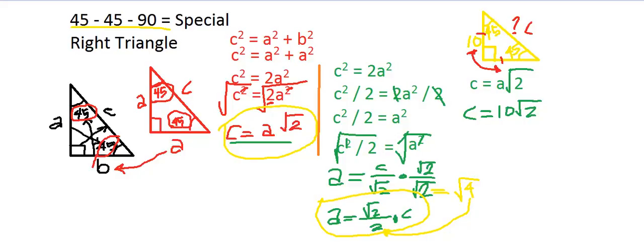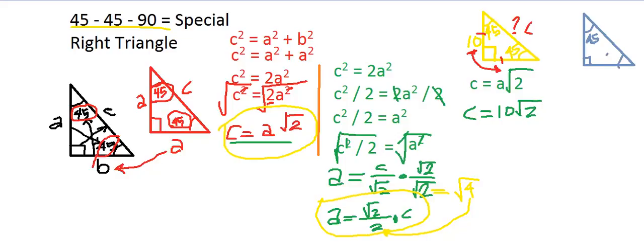So how about if we're going to have another triangle? Say for example, this is still 45, 45, 90. So here, this is 45, and this is your 90-degree angle.